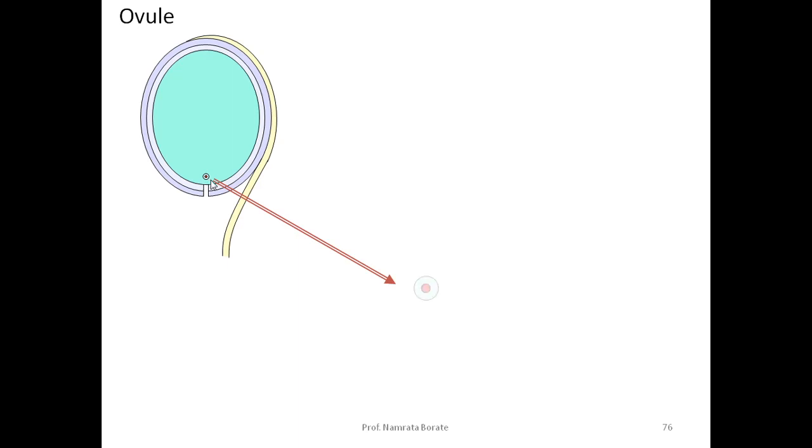This megaspore mother cell, which is diploid in nature, undergoes meiosis to form a linear tetrad of haploid spores, that is, megaspores.